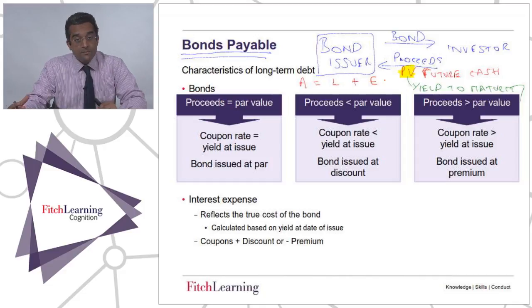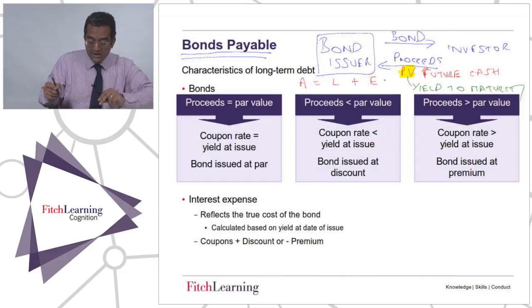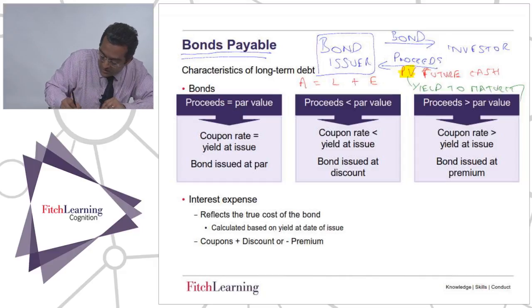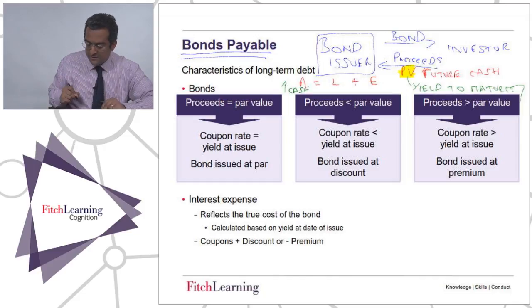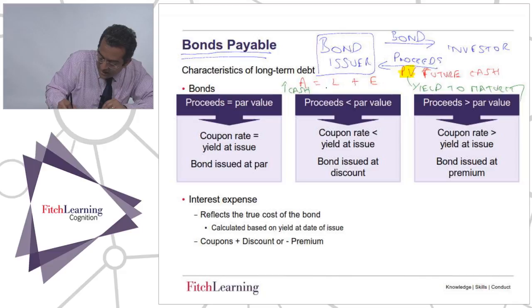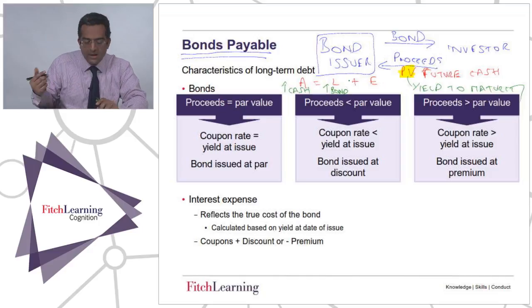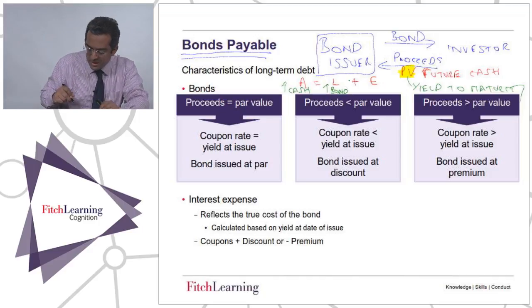Of course, the asset column is going to increase from a bond issuance, because that's the cash that has been raised, the proceeds, so to speak. And in terms of a liability, well, we have debt capital, the bond. We can say bond payable. It's the debt.